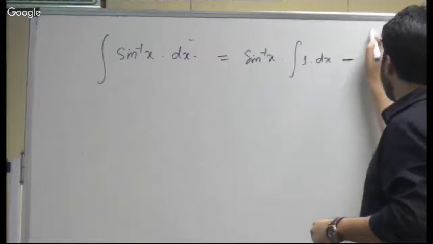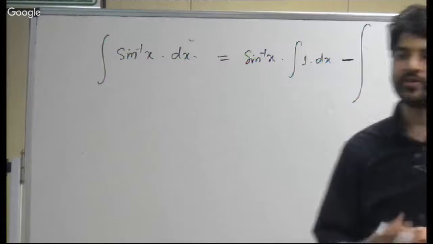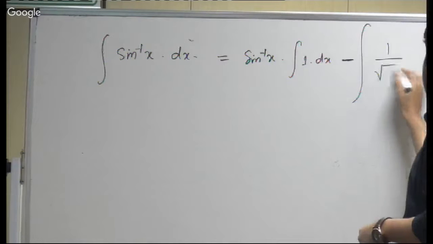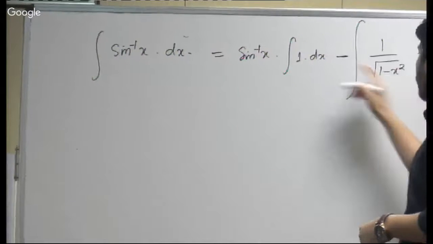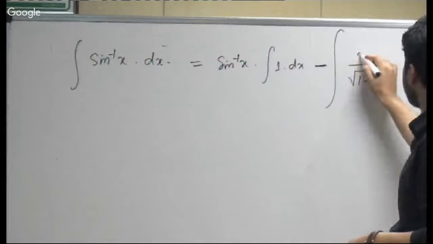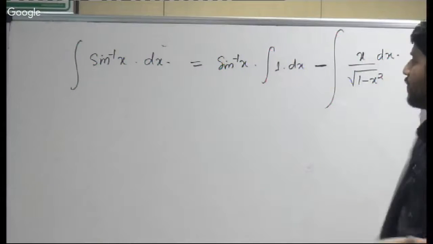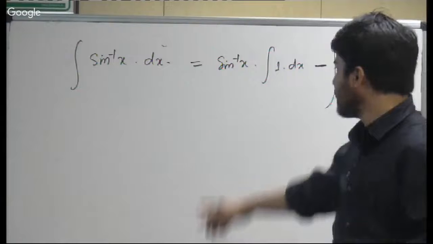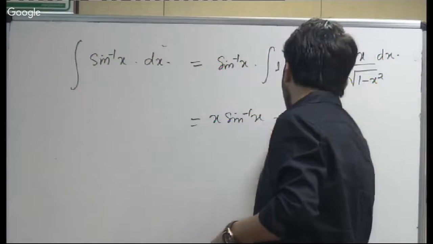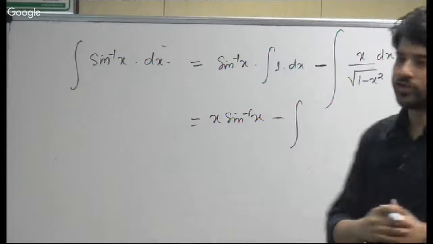Minus, what is the differentiation of sine inverse x? 1 upon under root 1 minus x square. And what is the integration of dx? x. So we can say that this is x sine inverse x minus, how to solve this integral?